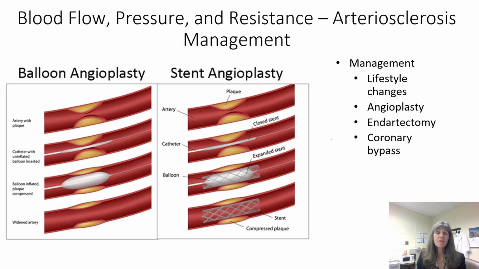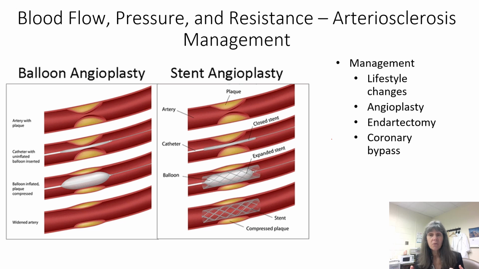So other things that can be done to manage arteriosclerosis besides these types of angioplasties include things like lifestyle changes, exercise, watching one's diet, making sure a person is eating real food and not super processed foods.